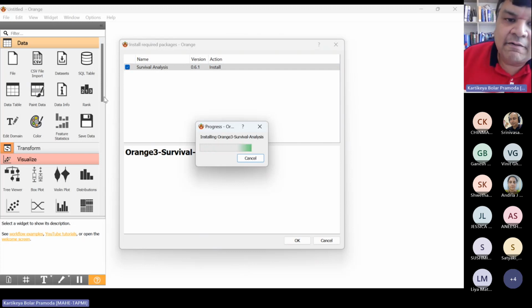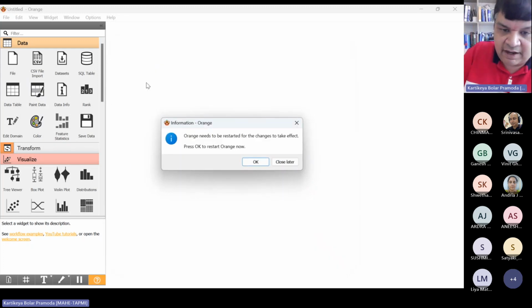Some of you may not know what Orange is. Orange is basically a data mining software wherein you can carry out different types of analysis and data processing, and it also does some analysis techniques. It is very good for machine learning and predictive analytics. There is an additional package you need to install for survival analysis, and under that survival analysis group you would have this.